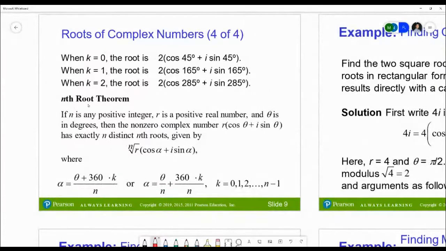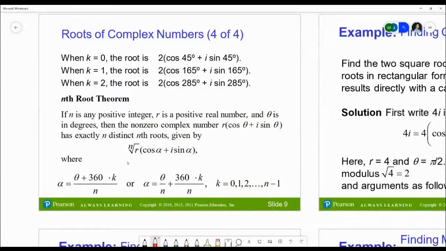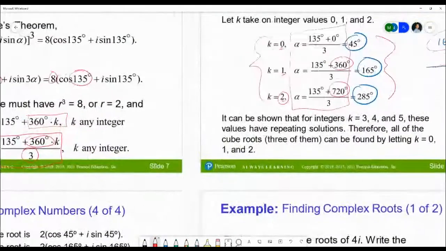So here's the answer. It's just putting everything together. We just find the nth root. We take the nth root of r cosine alpha plus i sine alpha. Ideally, I suggest you just set it up like you did before up here.